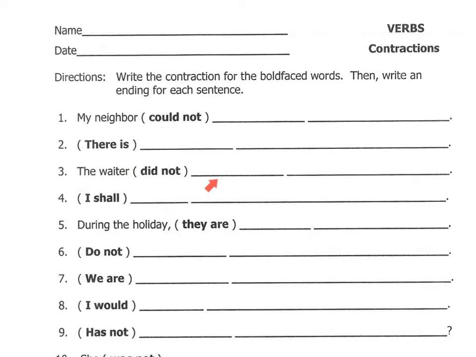Napkins. Number 4. I shall, or I will. I'll give this to your sister.